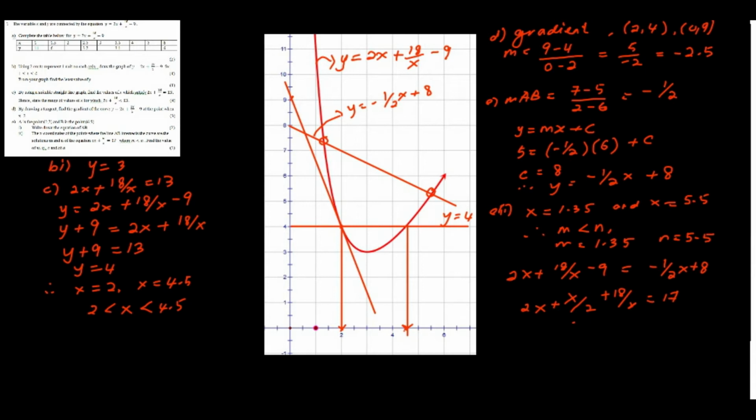So at the end you will get 5 over 2 x plus 18 over x equals 17. Then you compare with cx plus d over x equals 17. When you compare here, you get c equals 5 over 2 and d is 18.